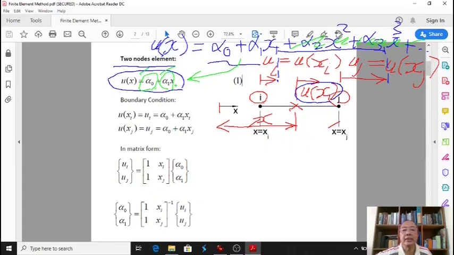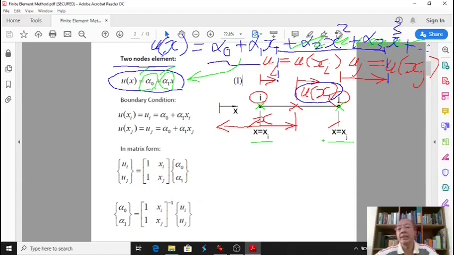boundary conditions. The first boundary condition is at point I, where we know the position x equal to xi, and at node j, we have x equal to xj.